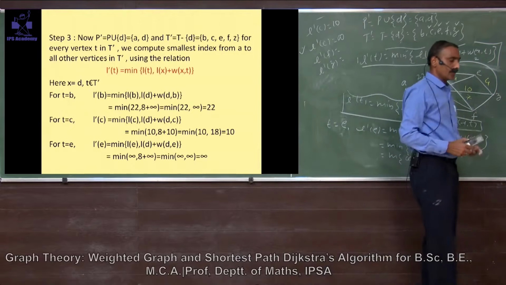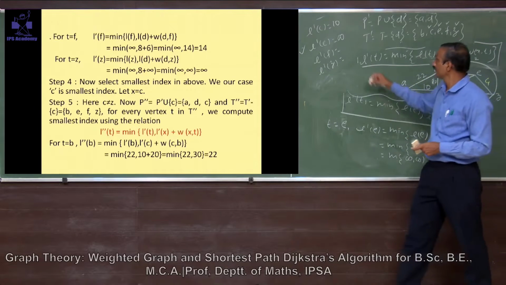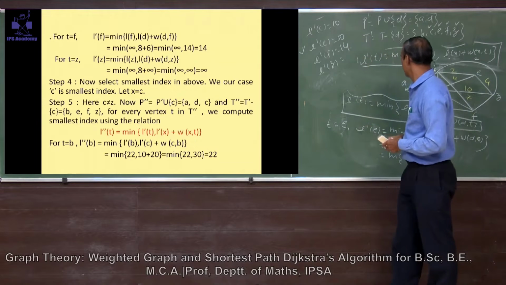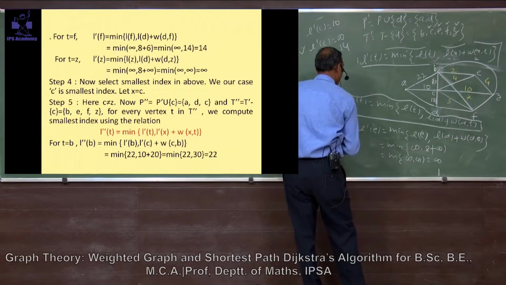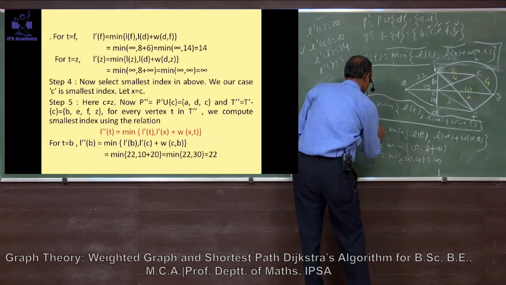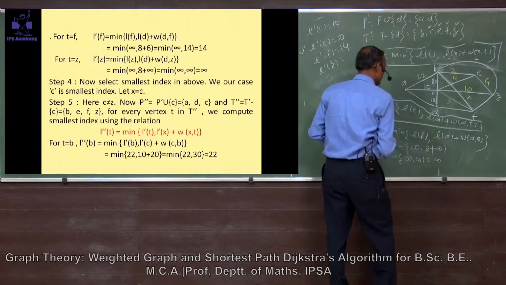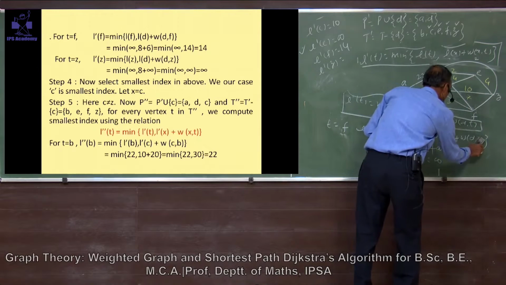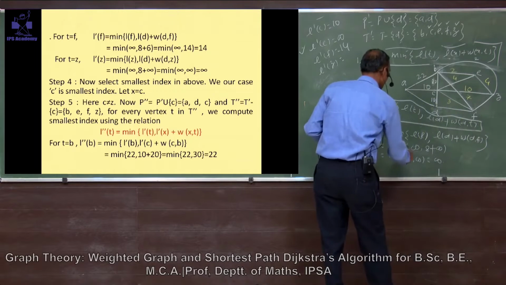Similarly, we find L'(f). L'(f) is 14. Here t equals f. L'(f) equals minimum of L(f), L(d) + W(d, f).